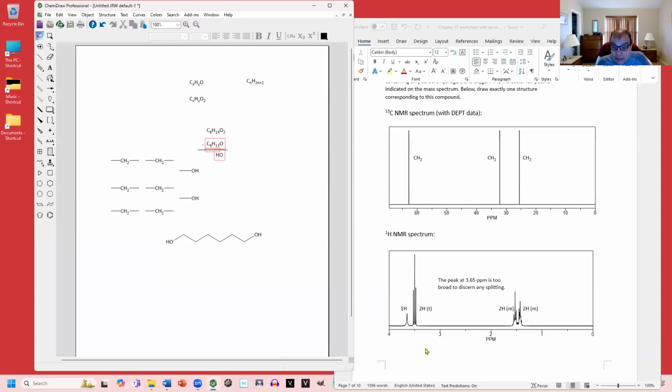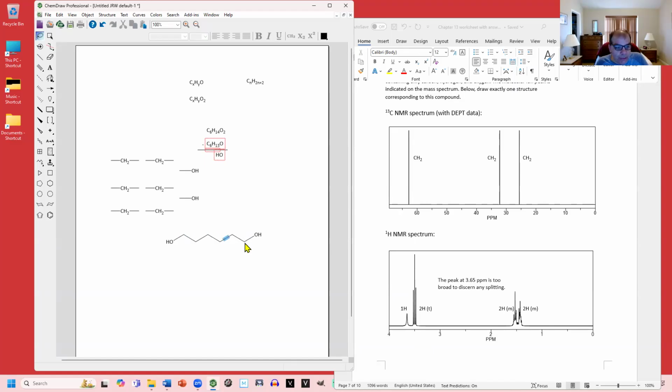Just for fun, let's look at the proton NMR spectrum. Looks to me, now I'm beginning to question myself. No, I think we're good. The proton NMR spectrum has only 4 types of hydrogen in a 1:2 to 2:2 ratio. The 2H triplet that's pretty far downfield has to be the 2 CH2s that are right next to the oxygen.